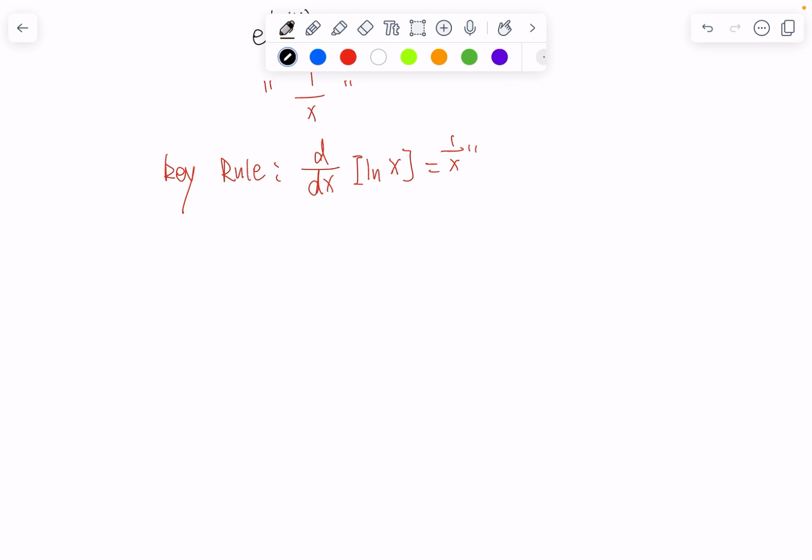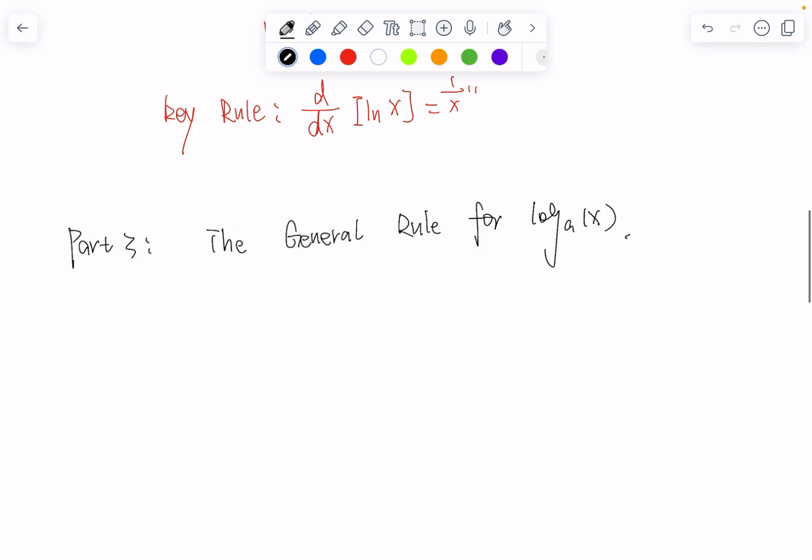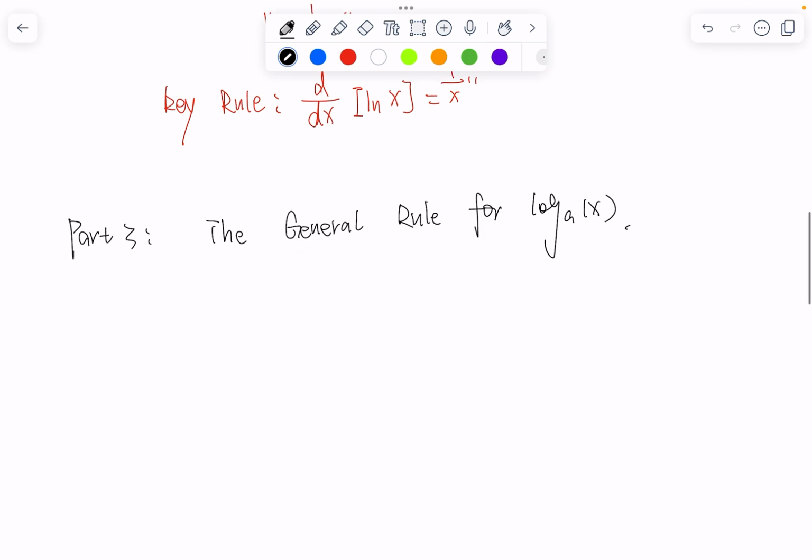So let's get to part 3, the general rule for log base a of x. What about logarithms with other bases like base 10 or base 2 or some other number?